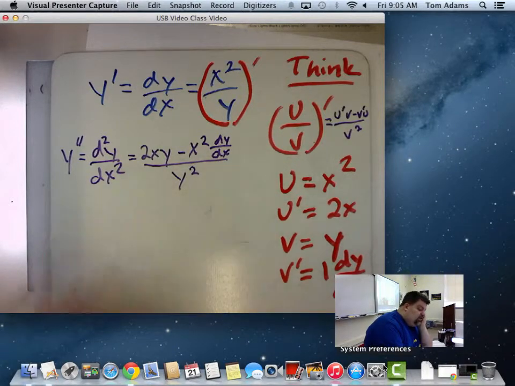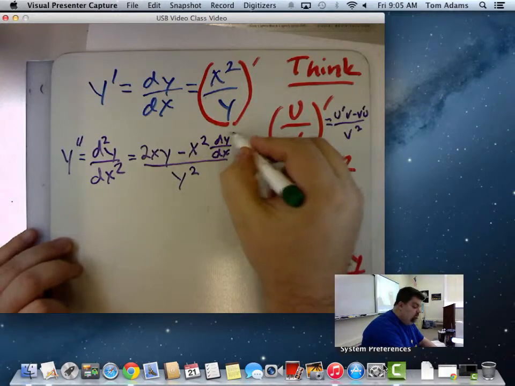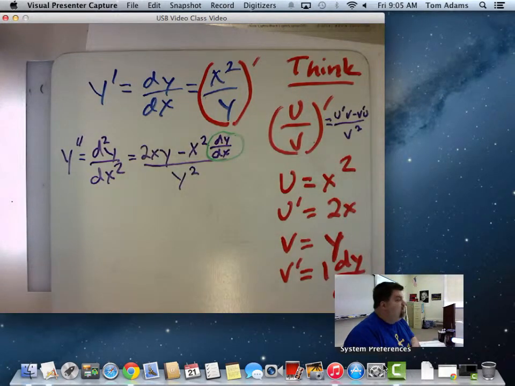And so the only problem with that is, guess what? I don't have it in terms of x and y. I need to address this. How do I make that in terms of x and y? Can you multiply by y squared and then cancel that out?